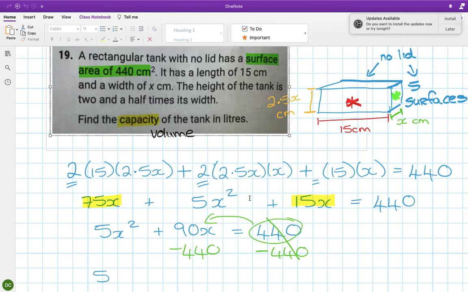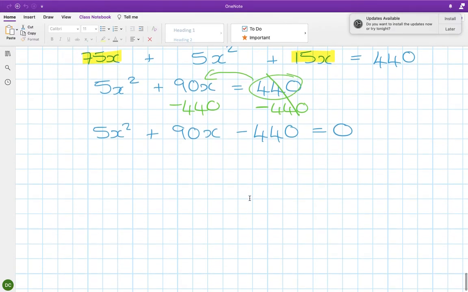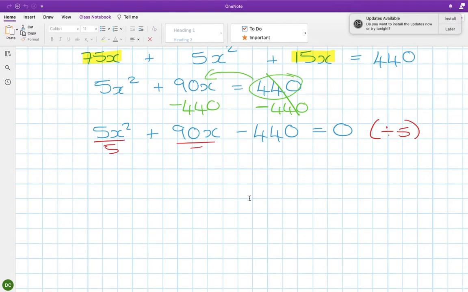So I get 5x squared plus 90x minus 440 equals 0. Yeah, so this is the bit I'm not sure you're going to get. I think we can probably divide everything by 5. They all look divisible by 5.